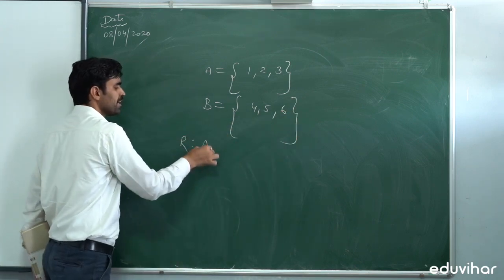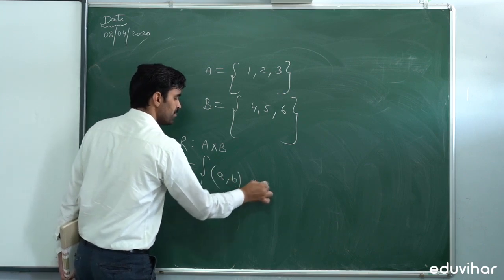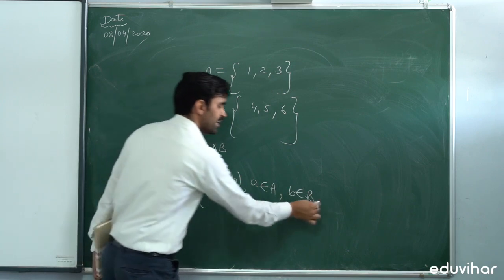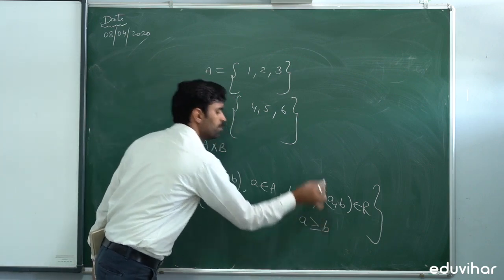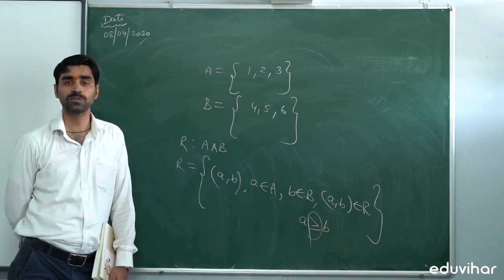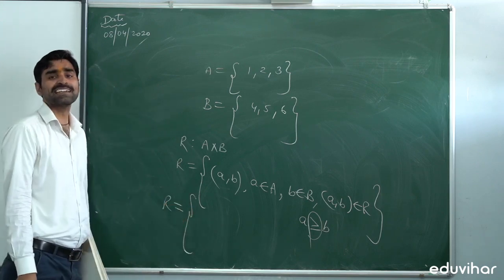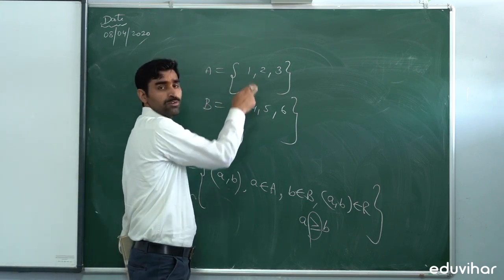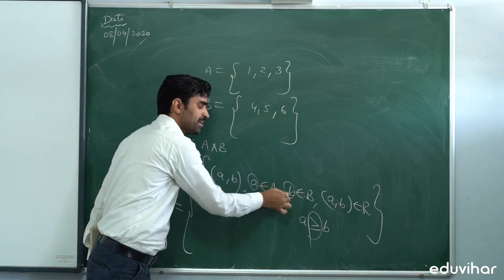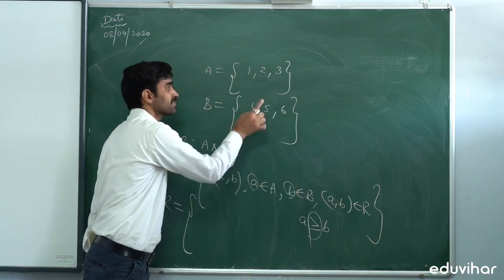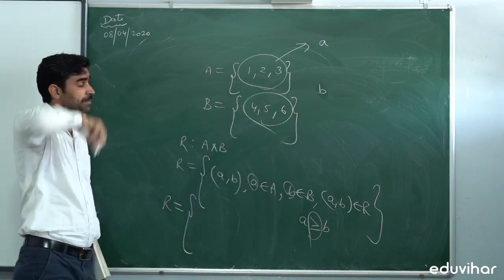We have a relation from A to B such that the relation consists of (a, b), where small a belongs to set A, small b belongs to set B, and a is greater than or equal to b. So we have to find the relation.